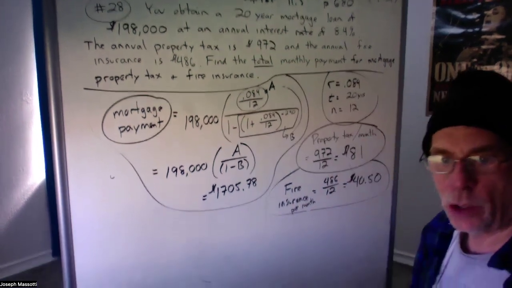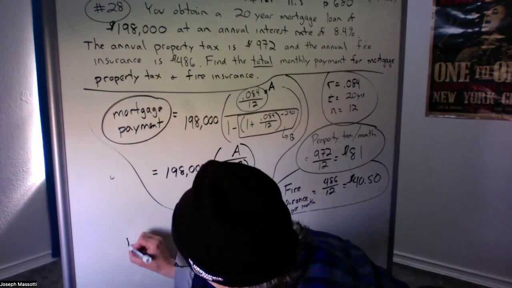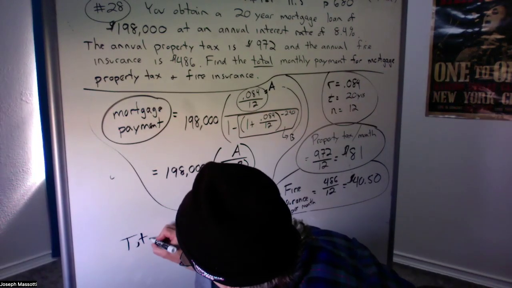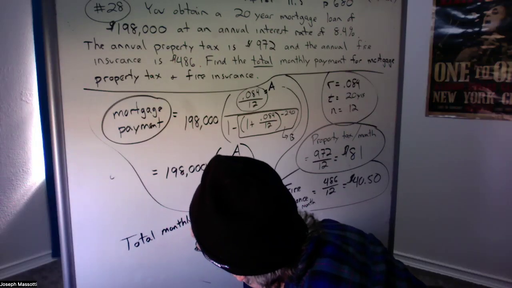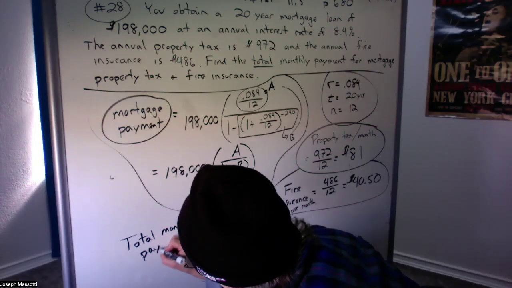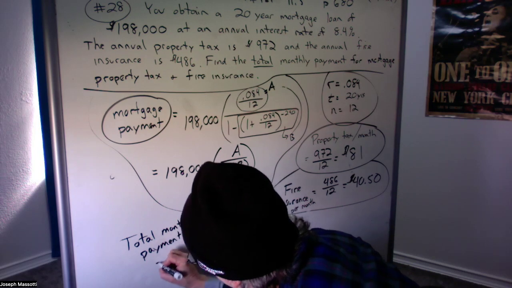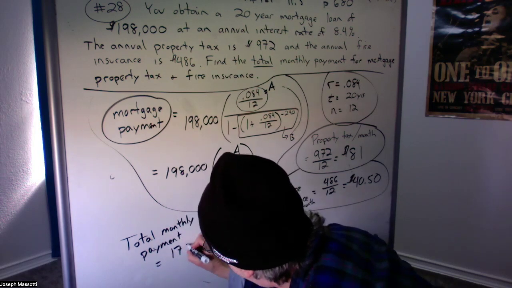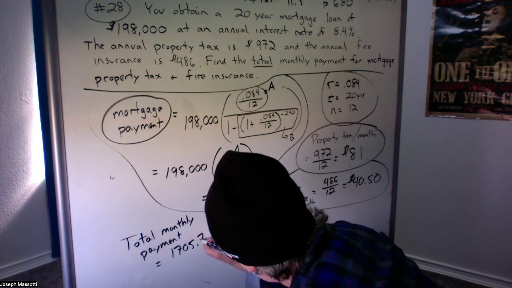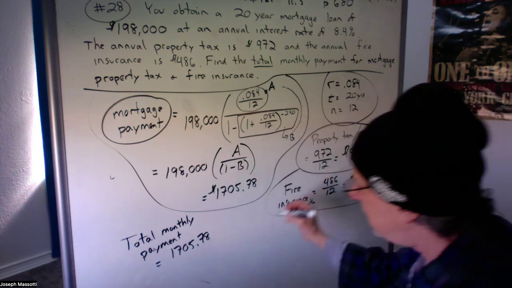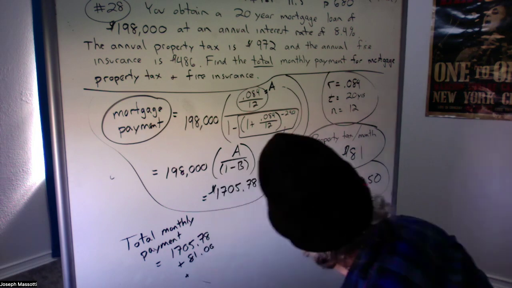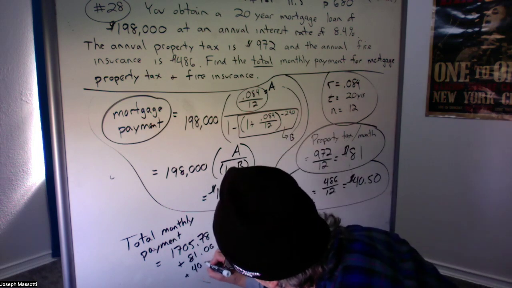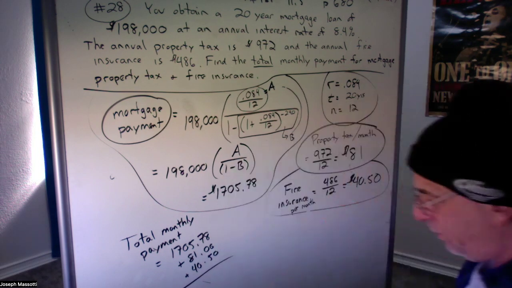So we're just going to add all those together. The total monthly payment is just going to be 1705.78 plus 81 plus $40.50.